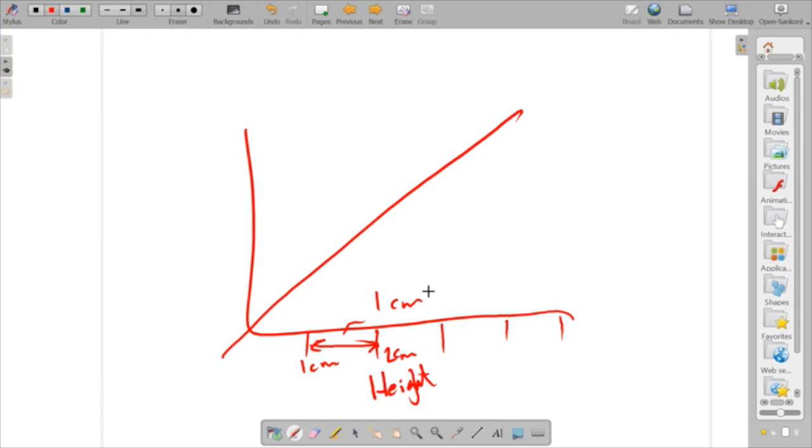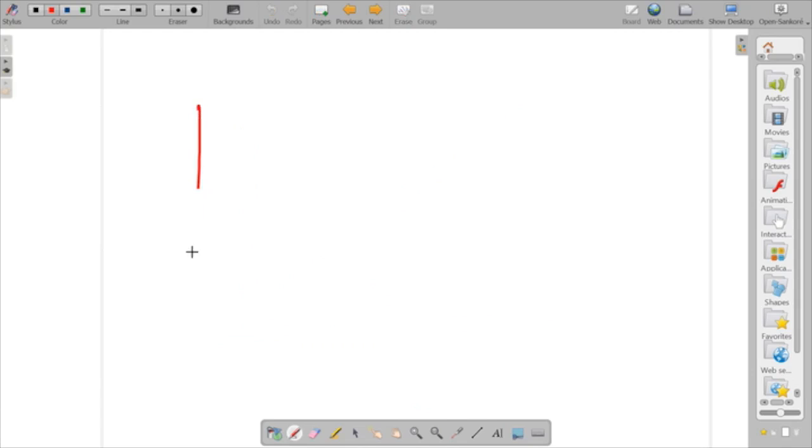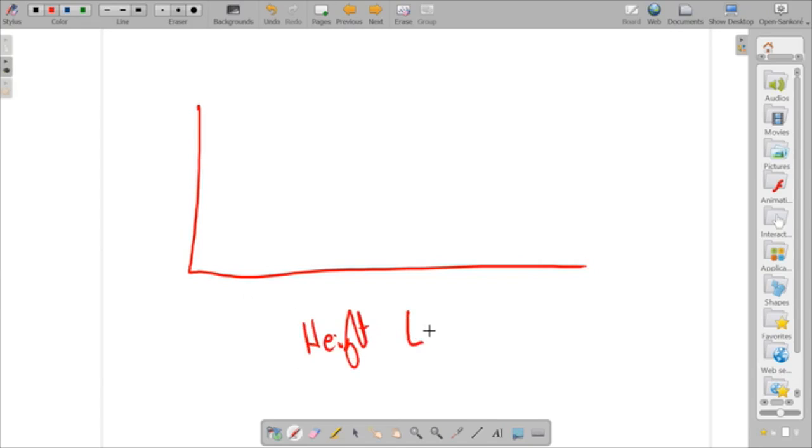With the Spearman rank correlation coefficient, let's stick with height, but let's have height level. And maybe we've just got short, call it normal, tall.